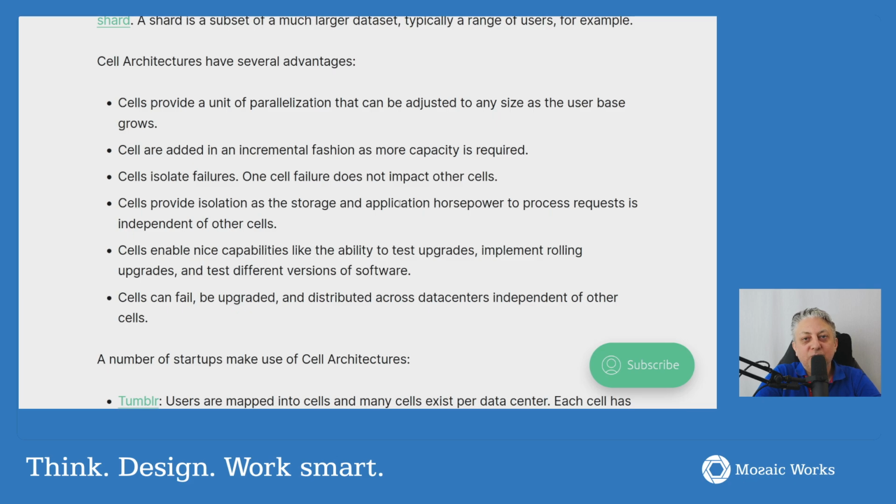If it doesn't, you roll back, but you also know not to do it on the other cells until things get fixed. Cells can fail, be upgraded, and distributed across data centers independent of other cells.